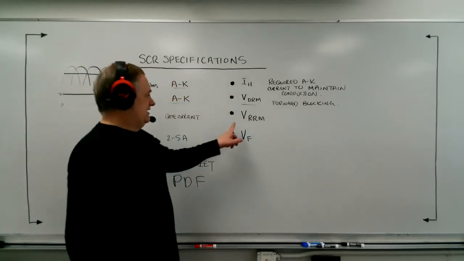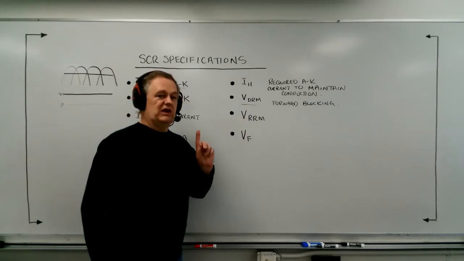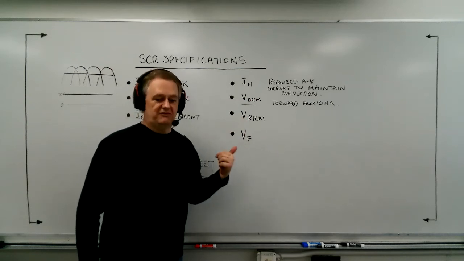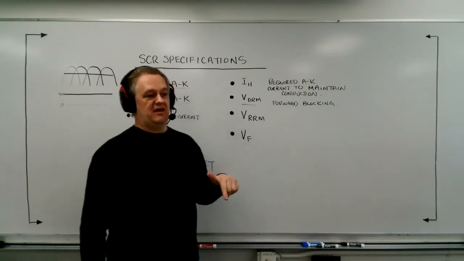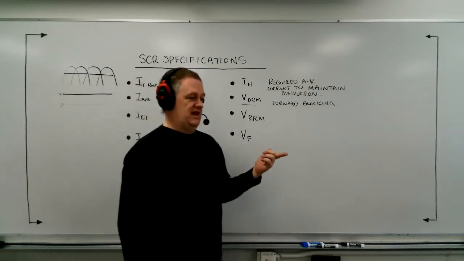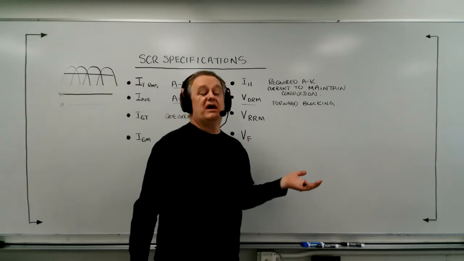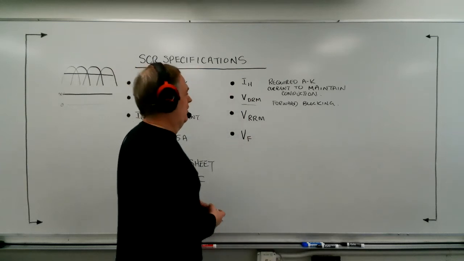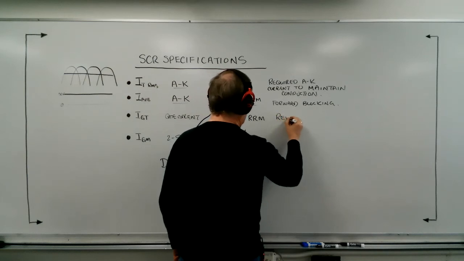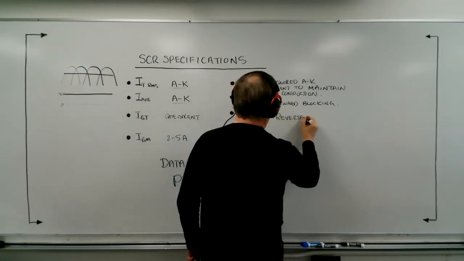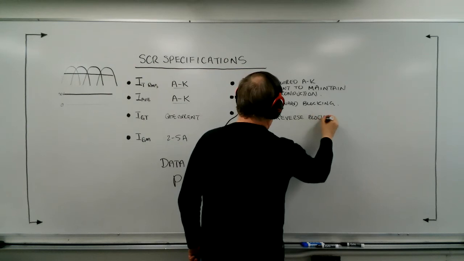Now, we know that current only goes in one direction. Well, what happens if you reverse bias the A to K junction? You make K positive and you make A negative. Is there any way it will conduct? And the answer to that is no. It has a very high blocking voltage. We call this the reverse blocking. Okay, reverse blocking. And it always blocks.